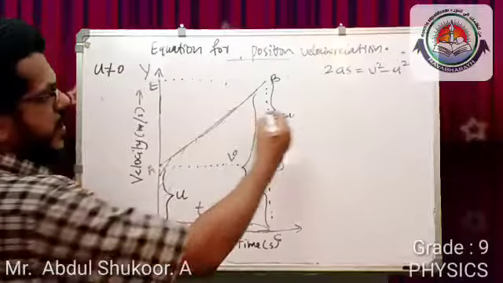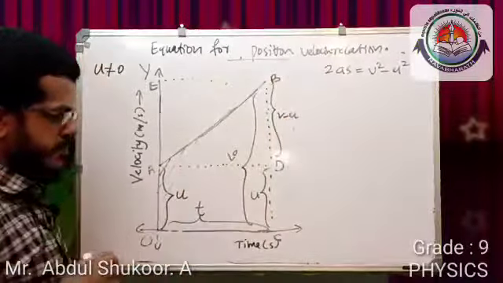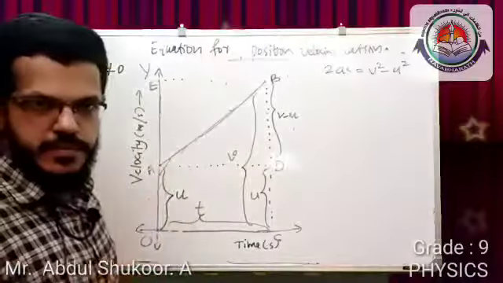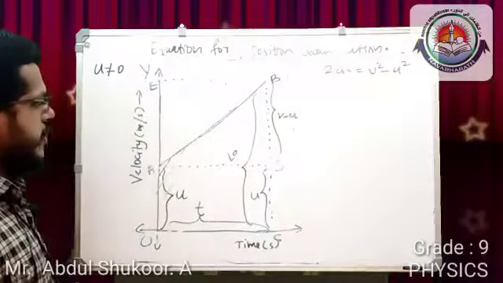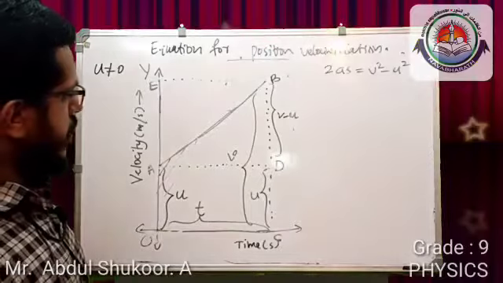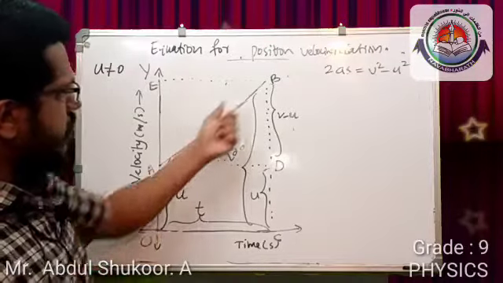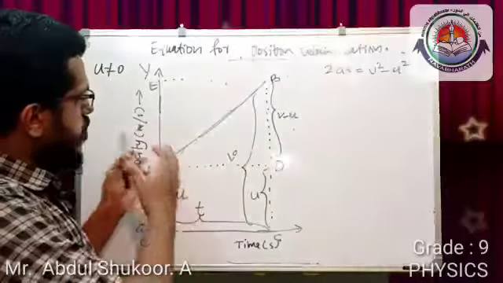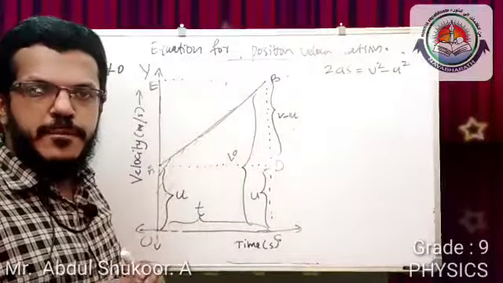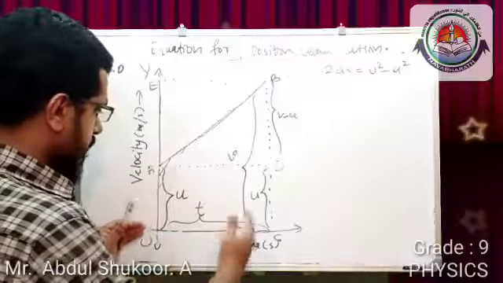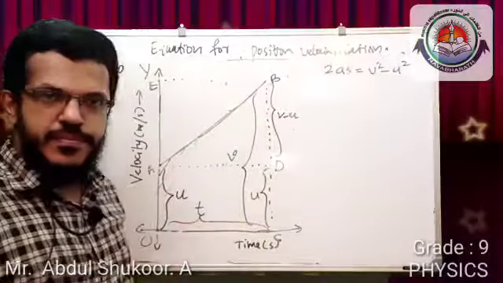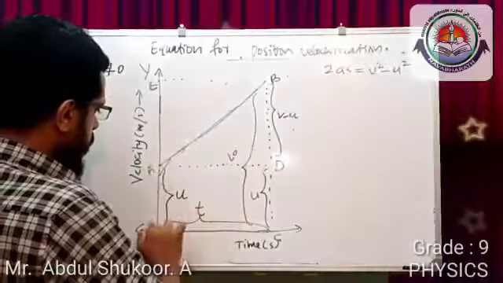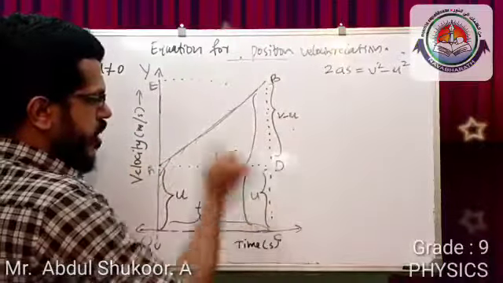Listen here. If a body moves with uniform acceleration a, with initial velocity u and final velocity v, we can find out the displacement of this body between this time interval OC by finding the area of trapezium OABC.